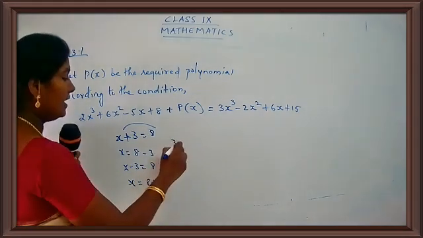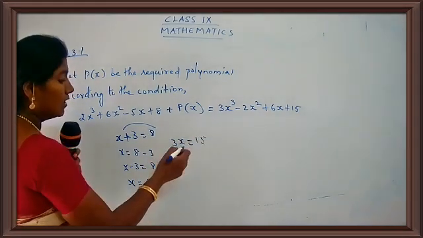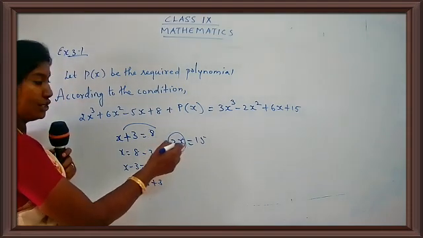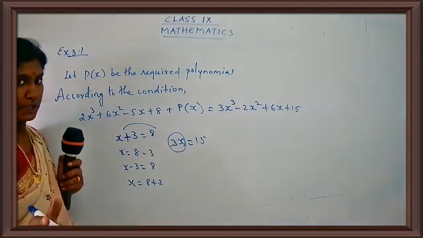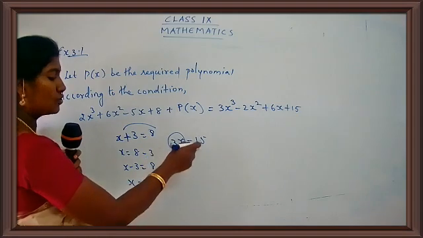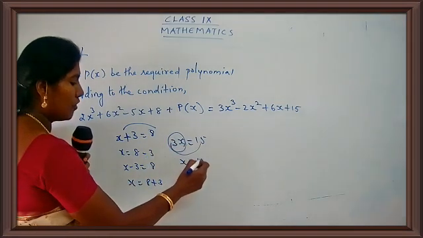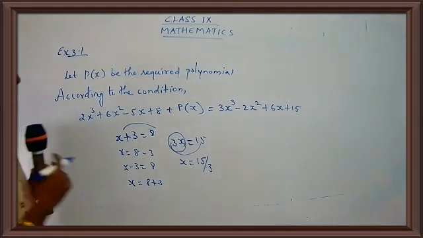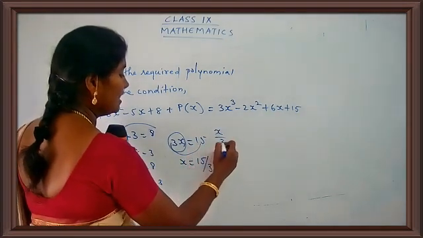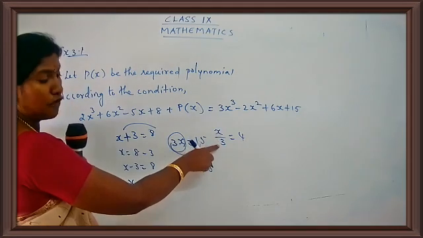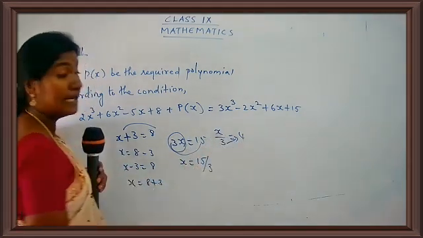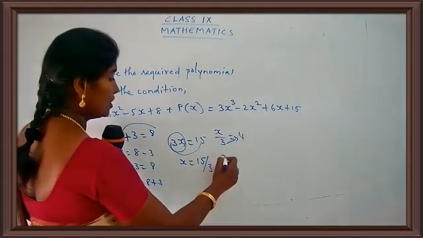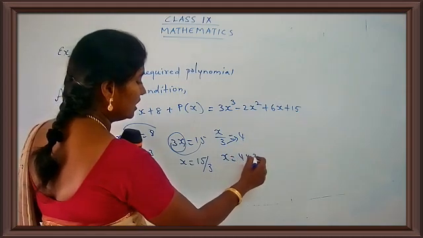When you have 3x is equal to 15, this is in the form of multiplication. No sign means multiplication is present. So when this 3 goes to this side, it turns into division. The multiplication will change into division. And if you have a division like x upon 3 is equal to 4, when it goes to this side, it turns into multiplication. So x is equal to 4 into 3.